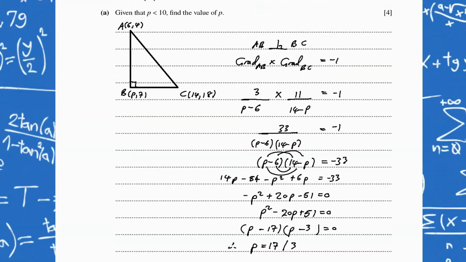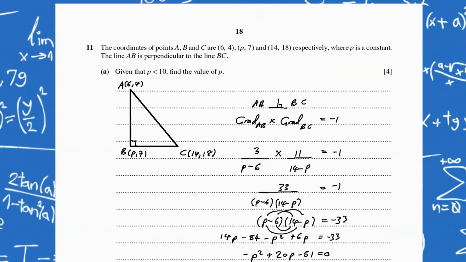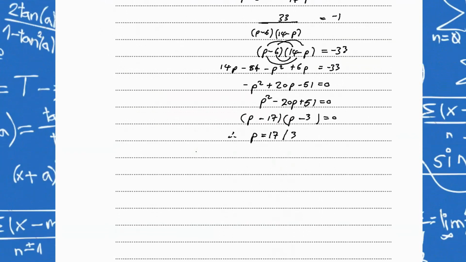But the question says that P is less than 10. So I'll say here, since P should be less than 10, P therefore should be equal to 3. We'll pick the value 3 for P instead. Alright, so that's what we will be having.